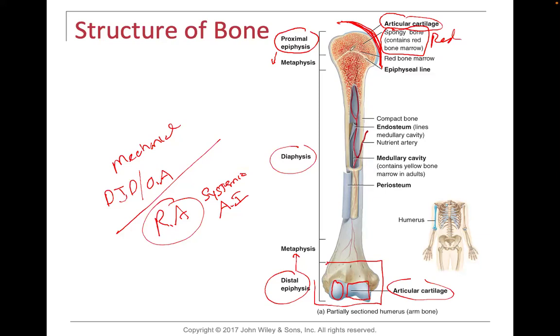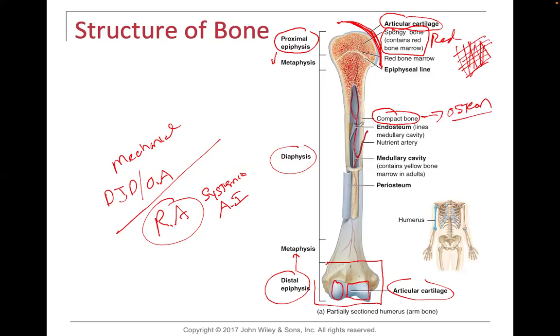This is spongy bone, very spongy. It's going to look like this, where you've got lots of trabeculae, lots of pores. And that's different than the diaphysis, which doesn't have spongy bone. It has compact bone. And the magic word with the compact bone is something referred to as the osteon that I'll go over shortly.